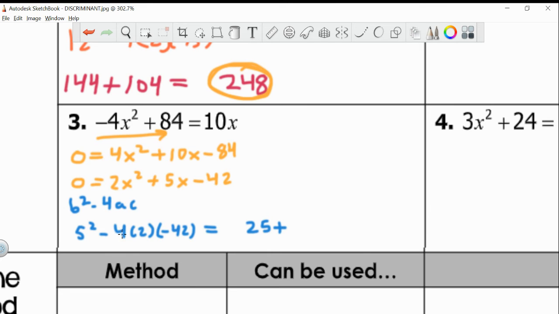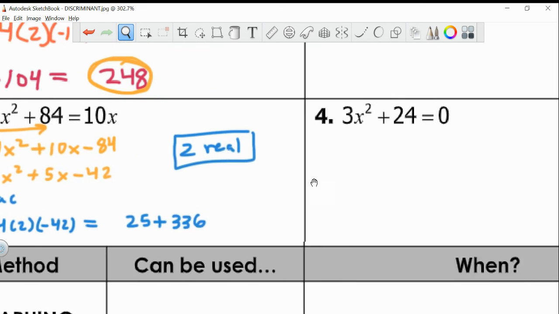And then I've got 4 times 42 is 168. 2 times 168 is 336. Anyways, I know this is going to be a positive plus a positive, and so I know this is going to be 2 real answers. I don't know what the answers are, but I know I don't have to worry about imaginary answers.